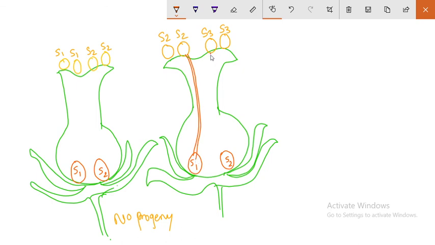This S3 may produce with this S1, or it may be with the S2.